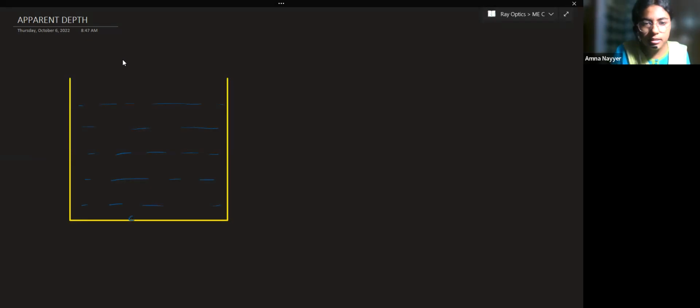Now at this end, I have kept a coin. Fine. This is a coin that I've kept. So all of you can notice, from the surface of the water till this coin, this is the actual depth of the coin. If I ask you to measure the length, this will become D1. This is the actual length of the coin.